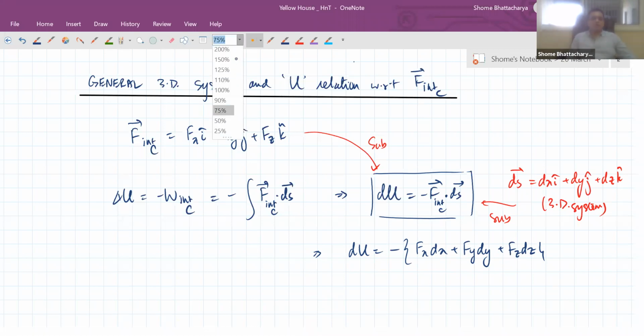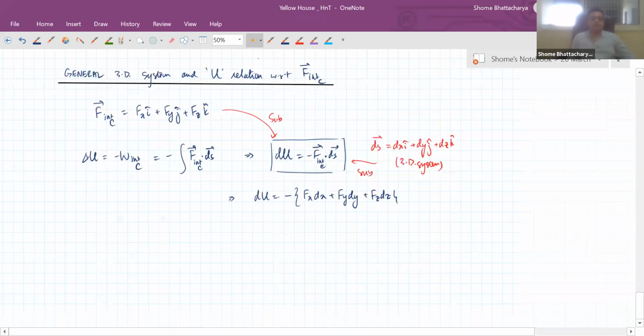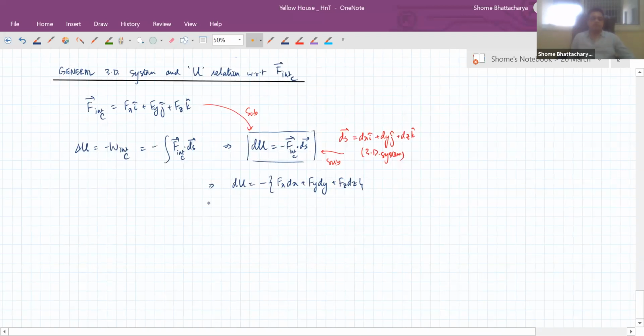Now, how can we basically invert this to get force in terms of potential energy? So first of all, this is showing us that potential energy is a function of all three variables.